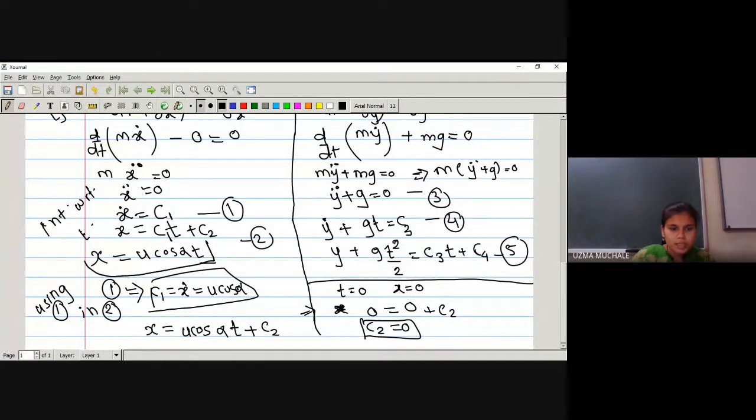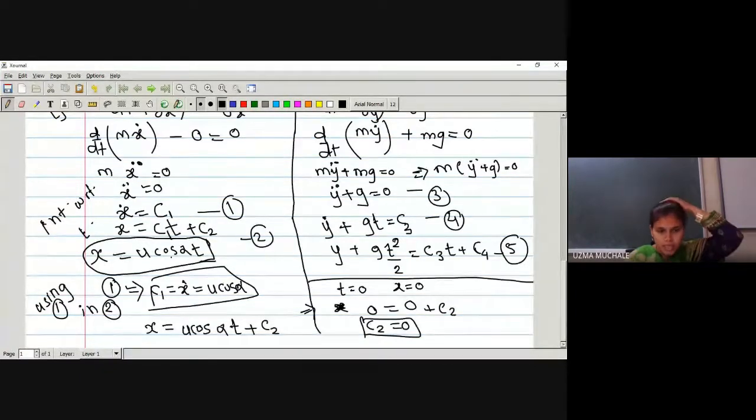So hence we can say the first equation of motion is x equal to u cos alpha into t. In a very similar way, now we have to find the values of C3 and C4 from equations 4 and 5. Okay, so let us go for finding the next equations.